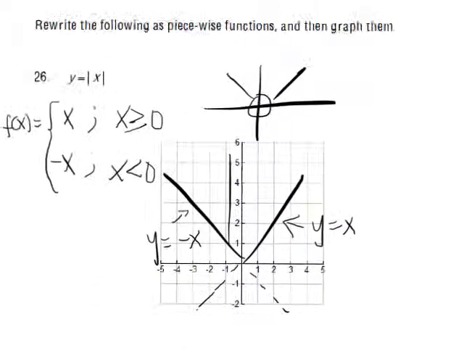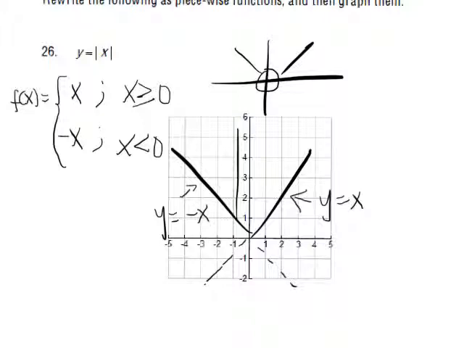So how did I go from this little x to here? Didn't I just copy what was inside of the bars? Yes. To go from here to here, didn't I just copy that little x and put it there? And then for the bottom piece, I just copy that and switch the sign.